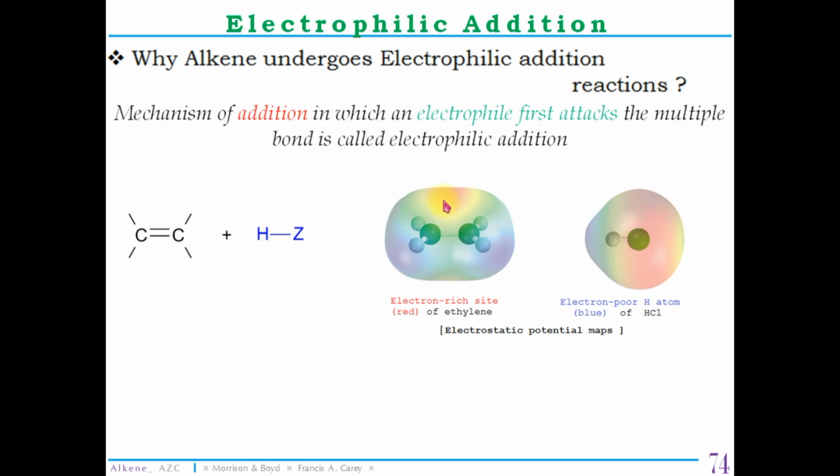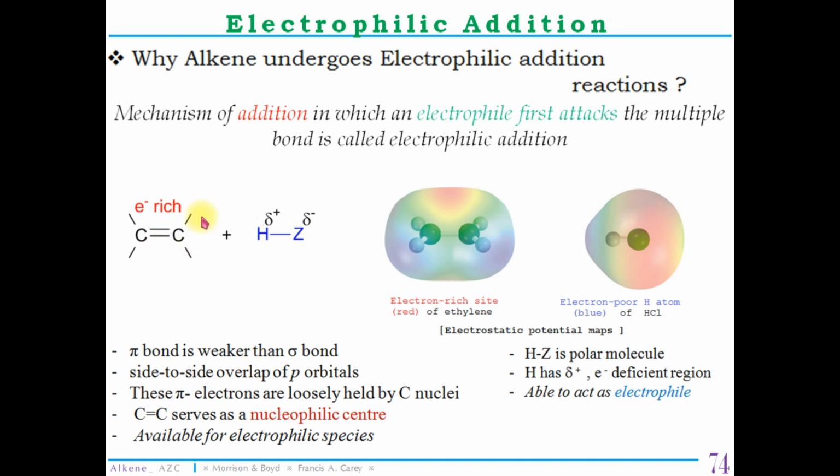So we can see red color at the double bond: the double bond in alkene is electron rich, while in hydrochloric acid the blue color indicates an electron-deficient, electron-poor region. In this species, hydrogen is the electron-deficient region.